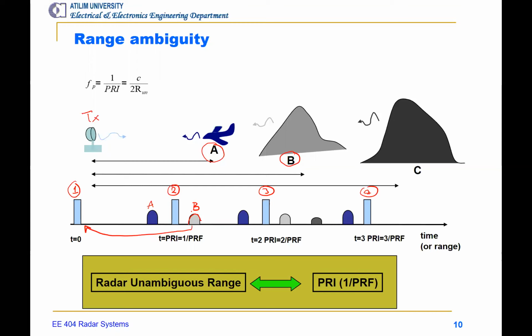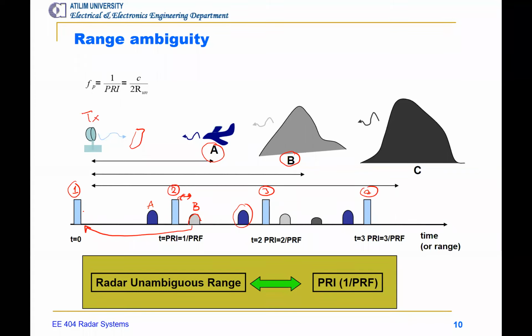We may think that this is an object just like here, for example, because it's closer than target A, if I take pulse 2 as reference. But actually, that's an echo signal due to the first pulse.